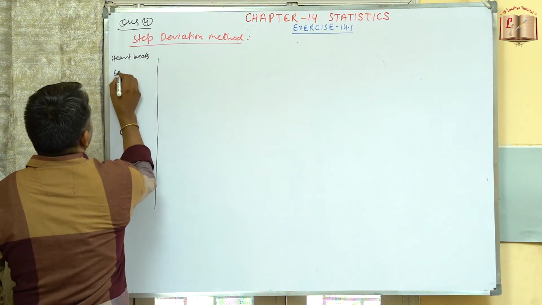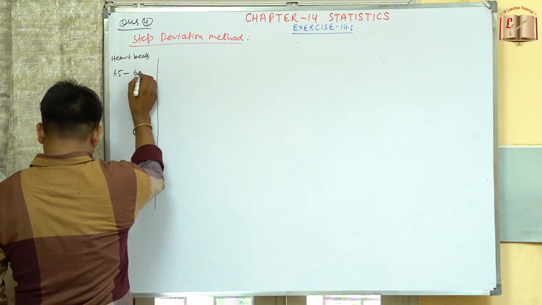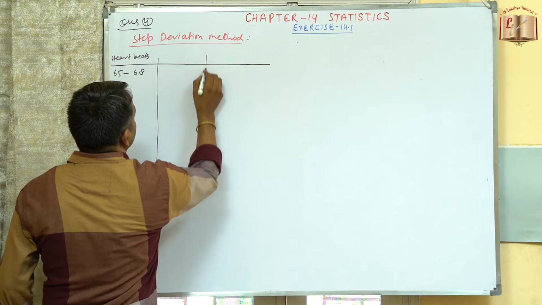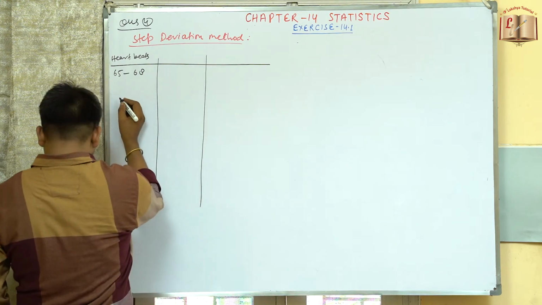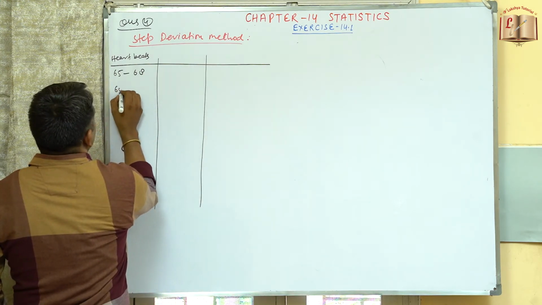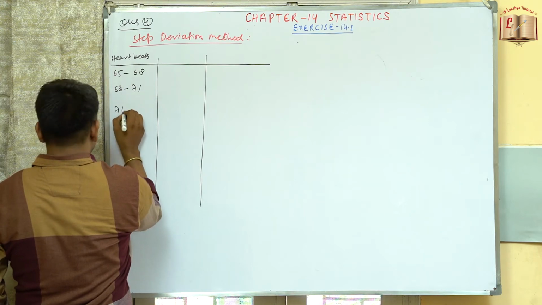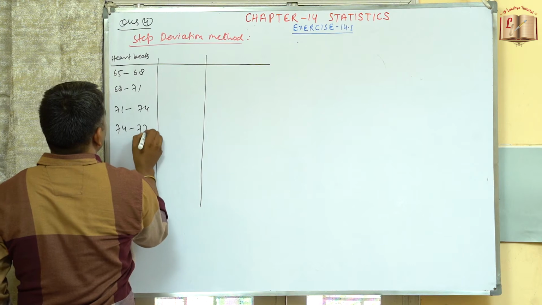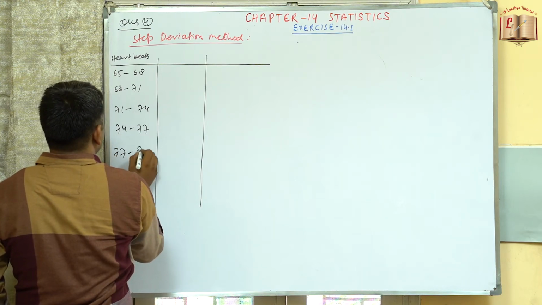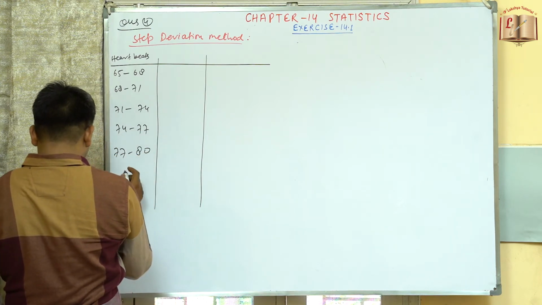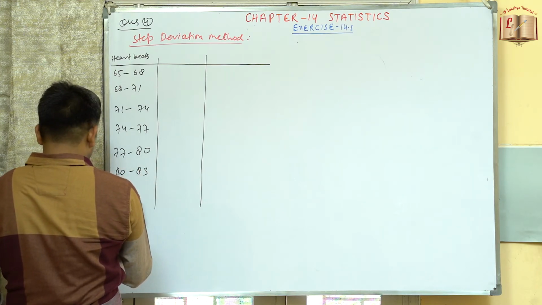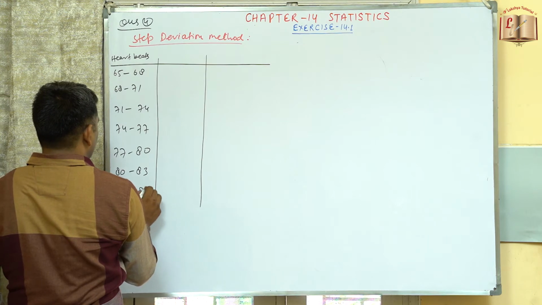So this is from 65 to 68. Next one is 68 to 71, then 71 to 74, then 74 to 77, then 77 to 80, and 80 to 83, and last is 83 to 86.